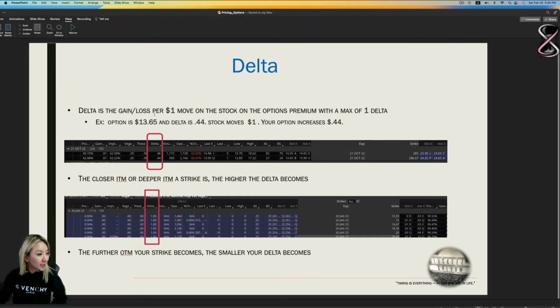So this is an exact calculation. So another thing to look at for Greeks is delta. What delta does is it gains onto your options premium per dollar move of your stock. So whatever the underlying is, every single dollar move up or down, your options premium is going to increase or decrease per dollar what the delta is.